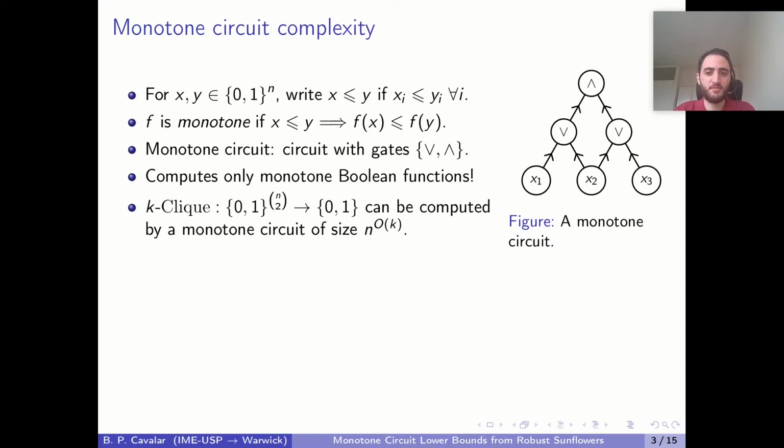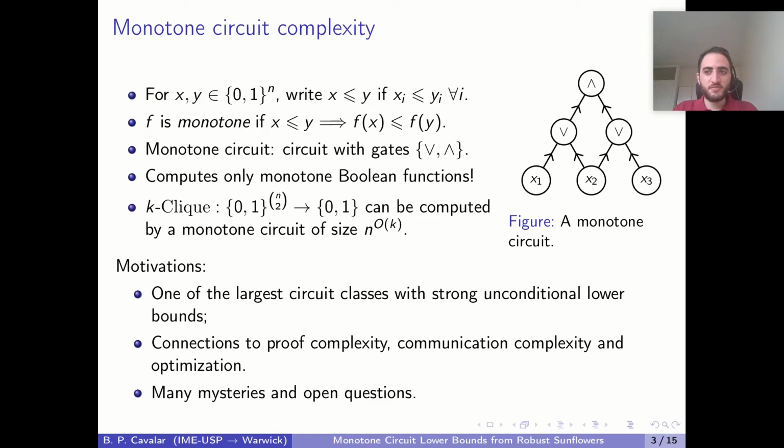You try for every set of k vertices if there's a clique in this set. And k-clique is of course a monotone function, because if a graph contains a clique and you add edges to the graph, it will continue to have a clique.